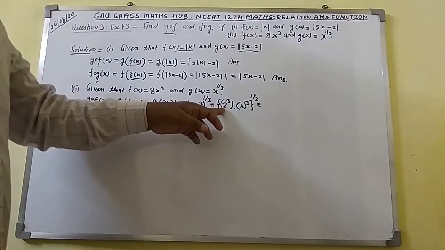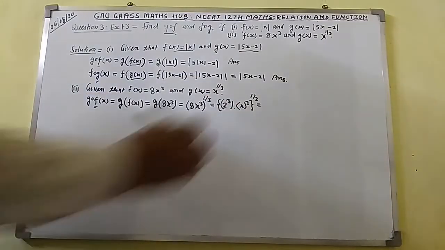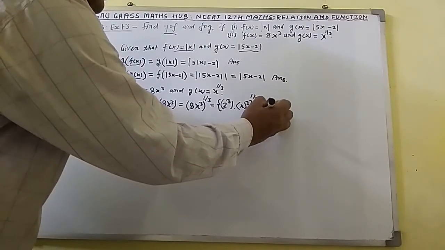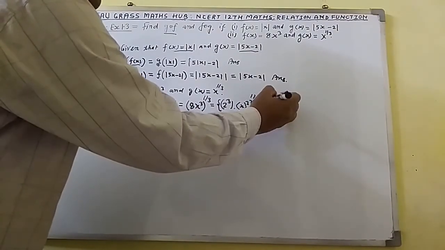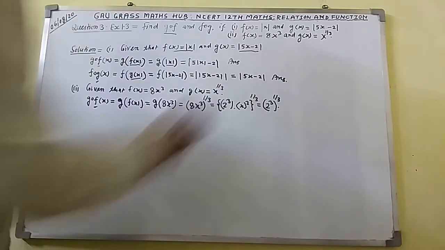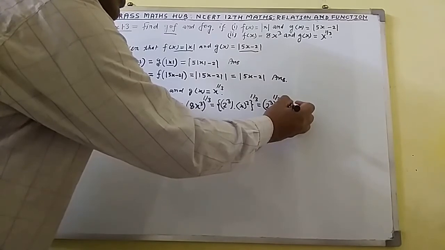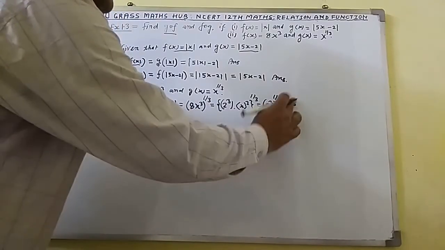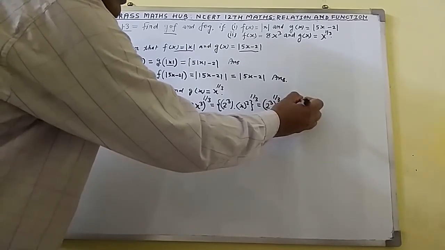Here you can see 2 raised to power 3, whole raised to power 3. It will become 2 raised to power 3, whole raised to power 1/3, dot, x raised to power 3, whole raised to power 1/3.